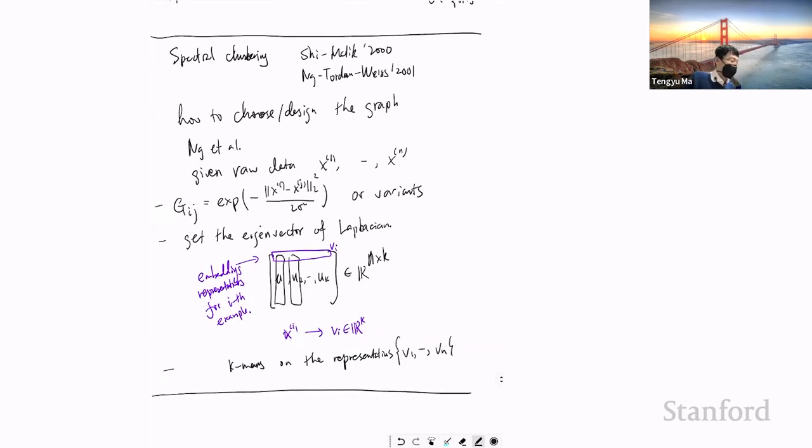So what's the issue with this? The issue is that the graph G could be not very meaningful. In high dimension, all the training data points are very far away from each other.